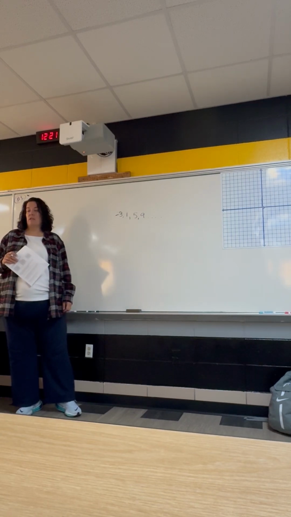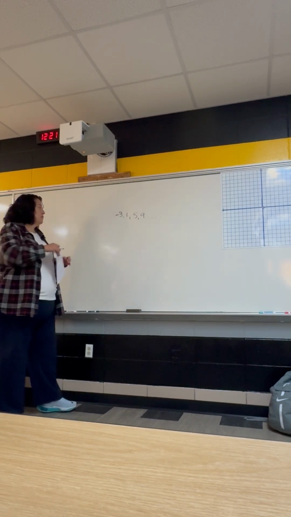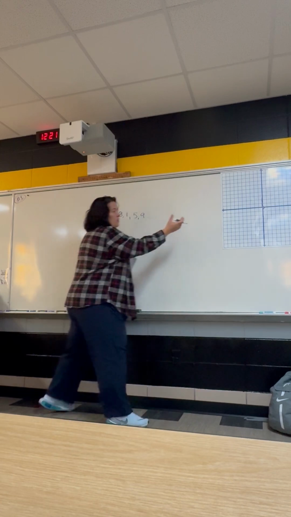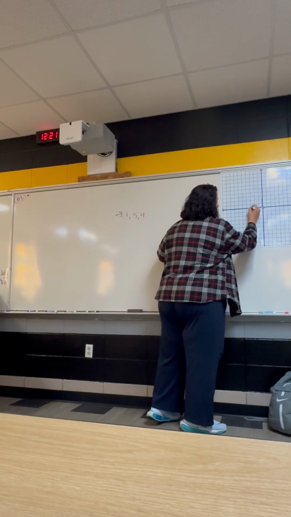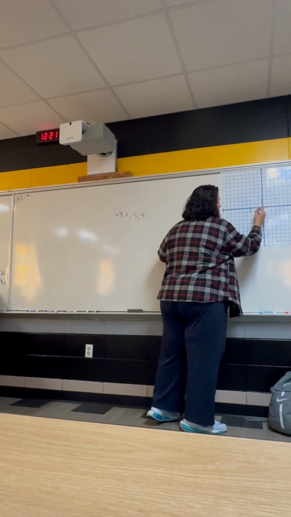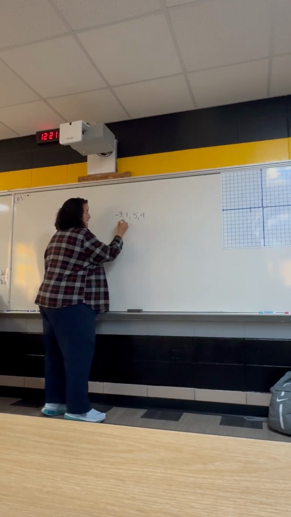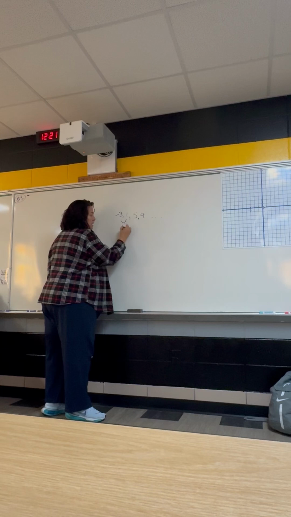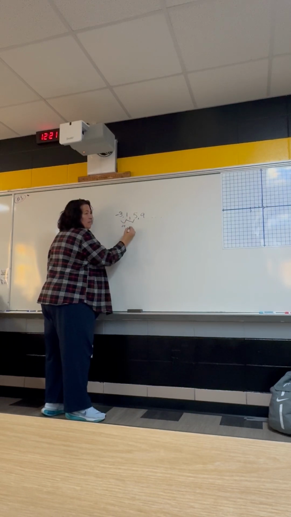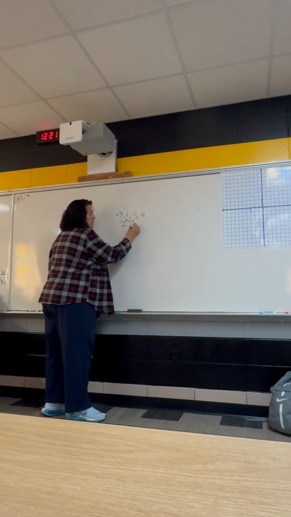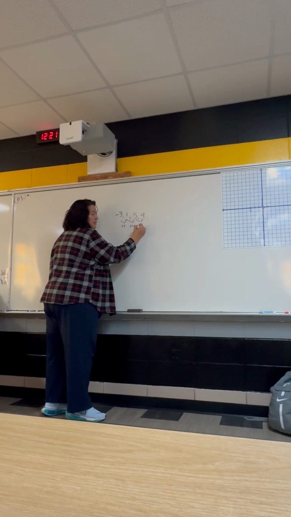-3 to 1, yes, Maximus? 4. So if you think about a number line, if I'm at -3, how do I get to 1? 1, 2, 3, 4 spaces. So if I can add 4, well, how do you go from 1 to 5? Add 4. How do you go from 5 to 9?